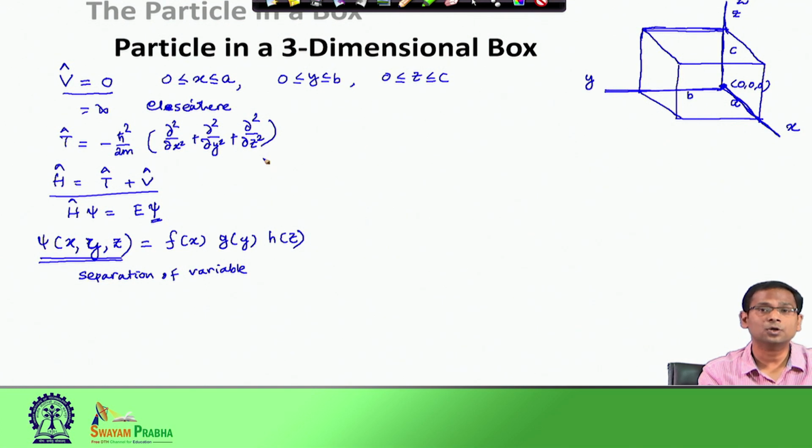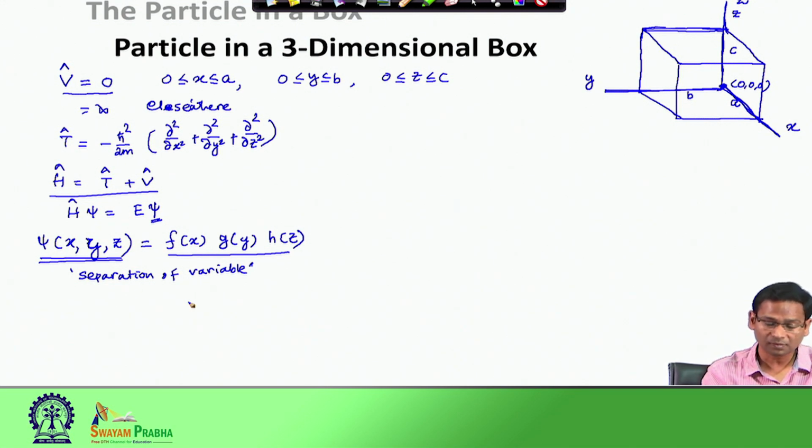Since there are no cross terms, we can assume that the wave function can be expressed in terms of three functions, one which will consider the x direction alone, another which will take care of the y dimension, and the third which will take care of the z direction. This separation of variables is an approximation we are assuming, and then we would show that by making this assumption we do not run into any trouble, and we perfectly satisfy all the boundary conditions of this problem.